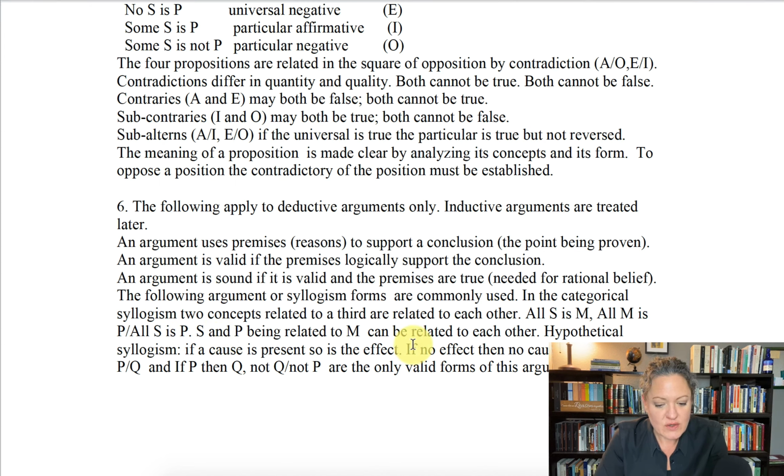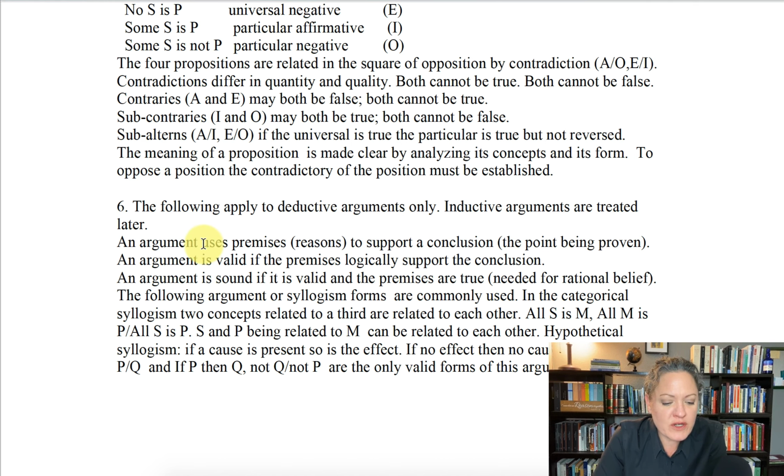Okay, so these other arguments, like the hypothetical syllogism, we'll leave off for right now, and I'll show you those when we do them so that you don't have to be bogged down, and we're getting a little long on this video.